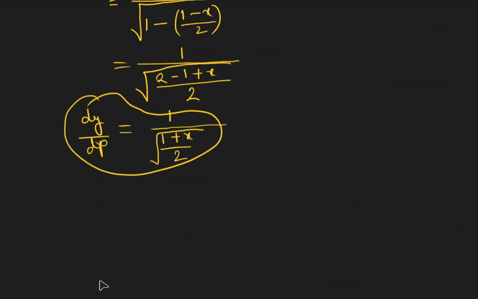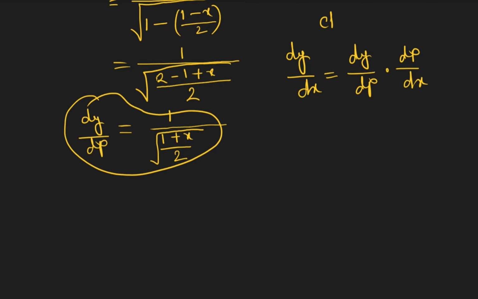Now for the final result dy over dx, we could write down dy over dp dot dp over dx. This is actually the chain rule. This is called the chain rule of differentiation.